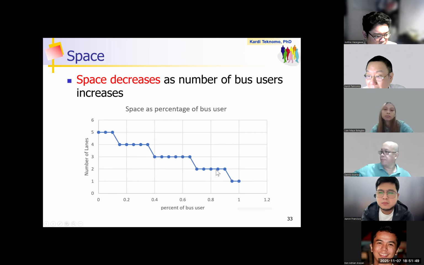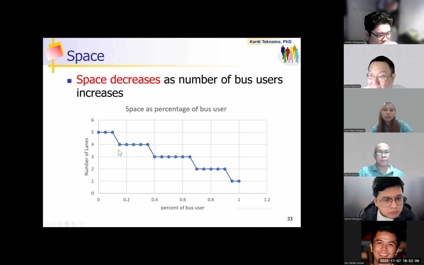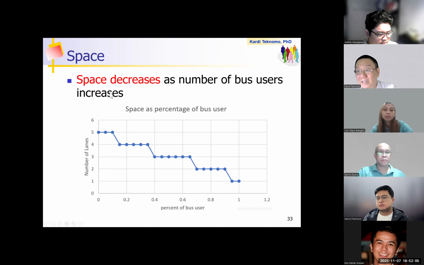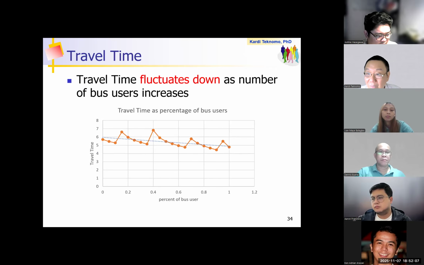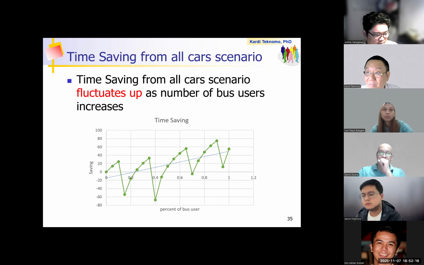So the space and the number of lanes will reduce, from 5 lanes a while ago up to one lane at 100%. The space decreases as the percentage of bus users increases. The travel time will also go down, and the time saving from all the cars is also improved.